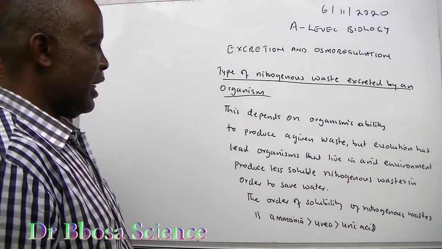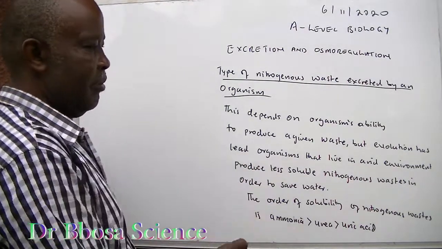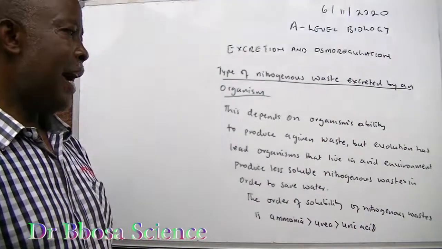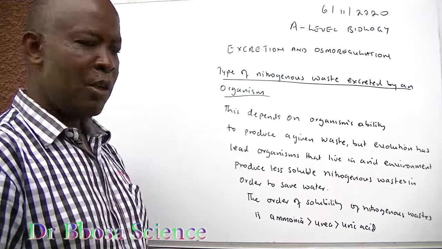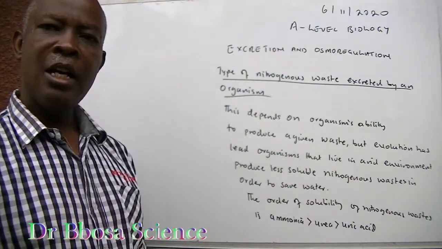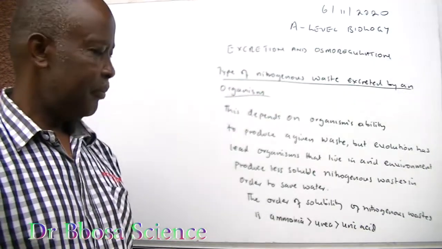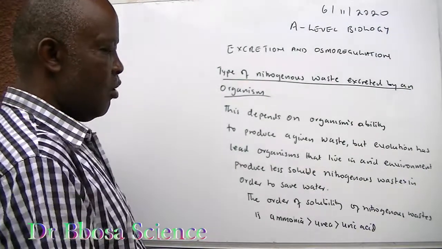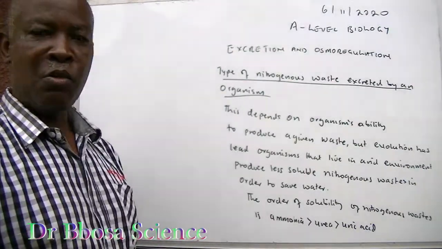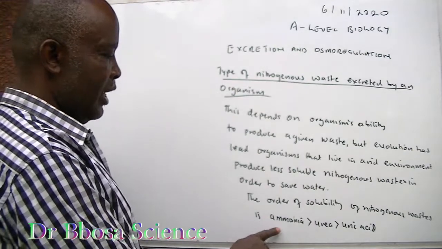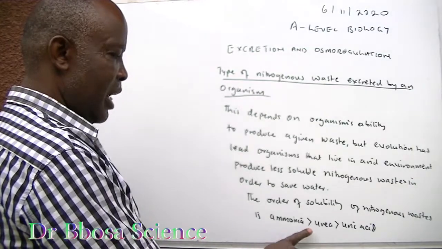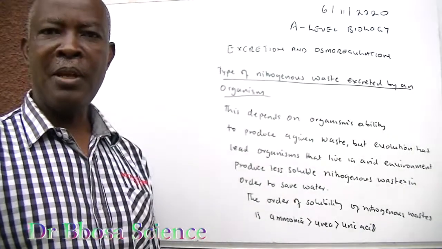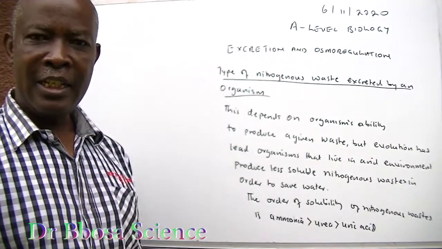But evolution has led organisms that live in an arid environment to produce less soluble nitrogenous waste in order to save water. The order of solubility of nitrogenous waste is ammonia more soluble than urea, more soluble than uric acid.